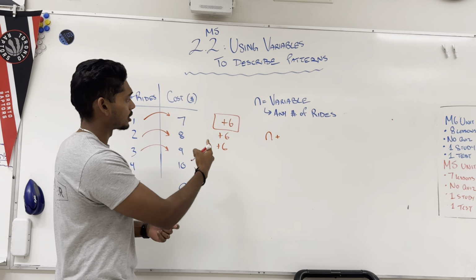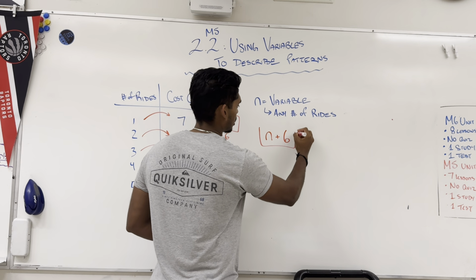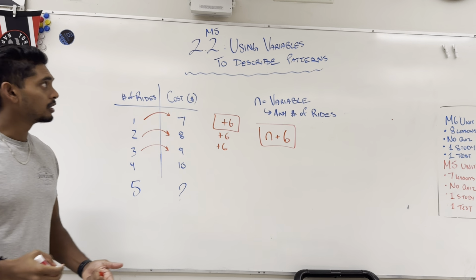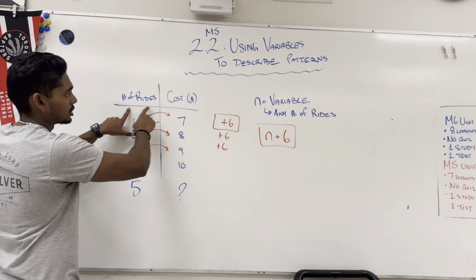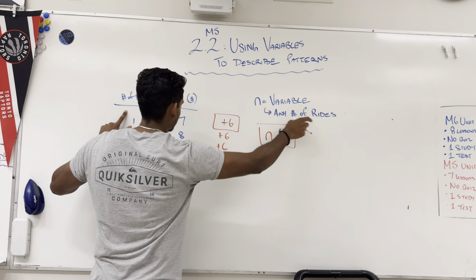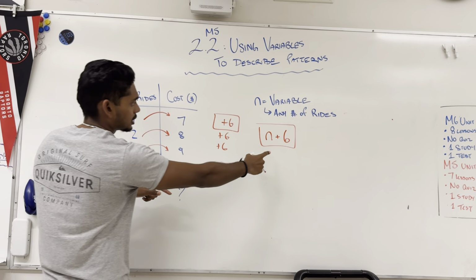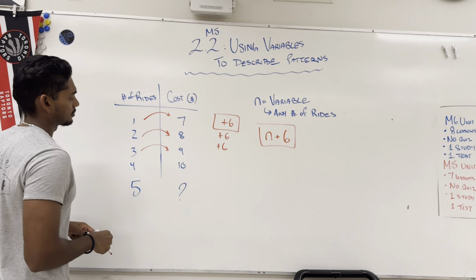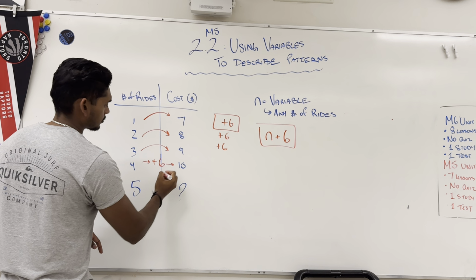Just like we said before, plus 6. So this is our expression. This is how we describe our pattern using a variable. It is n, which we said before is any number of rides, any one of these numbers, plus 6 will give us our cost. In here it's a hidden plus 6 to go from here to here.